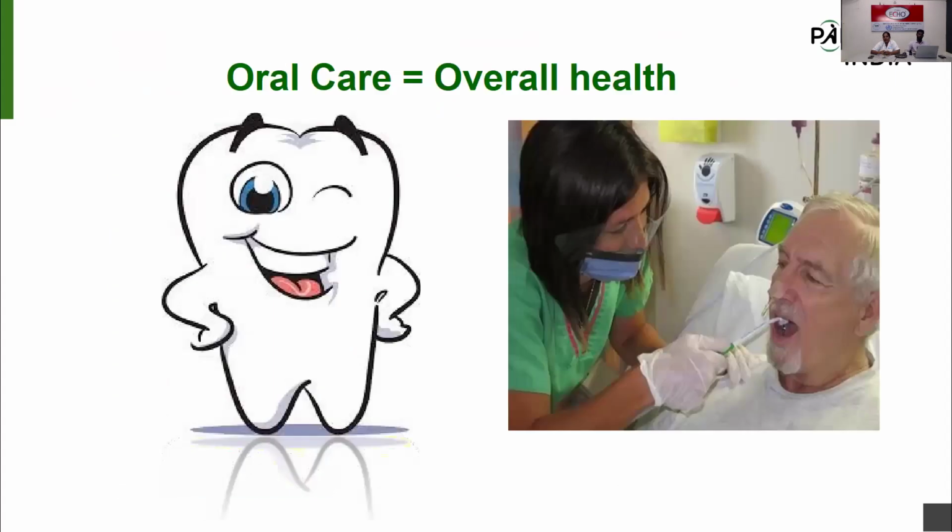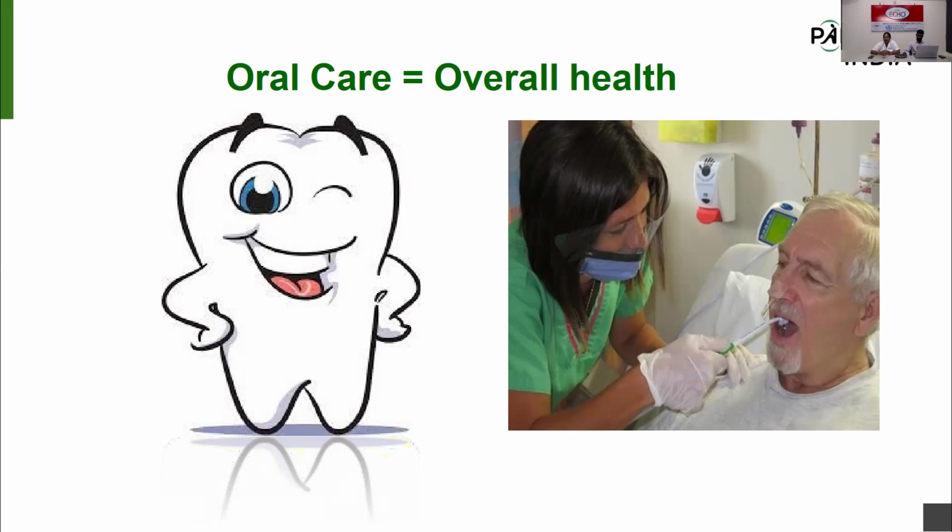Okay, so oral care. If we ensure good oral care, that is equal to overall health, right? So why do we say oral care is equal to overall health? Foul smell can be prevented.